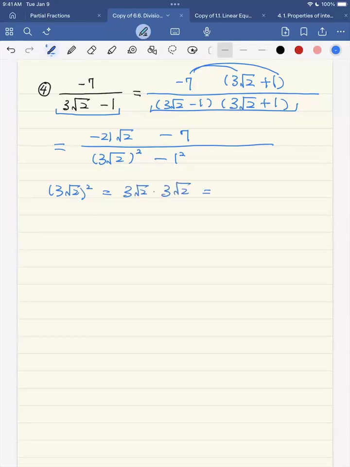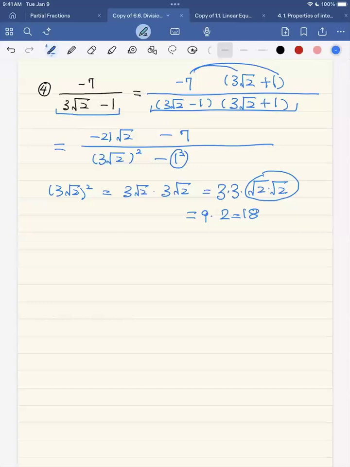So we can write it reorganized: 3 times 3 times square root of 2 times square root of 2. 3 times 3 is 9, and square root of 2 times square root of 2 is 2. So that is 18.